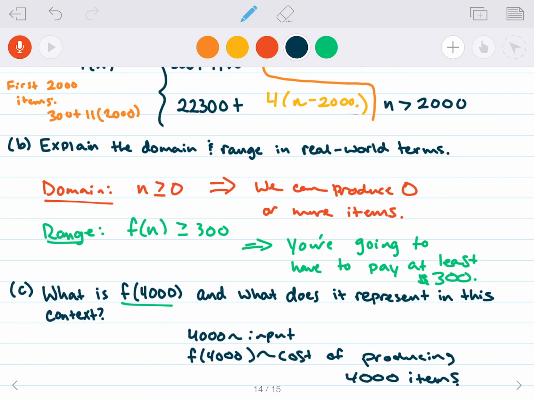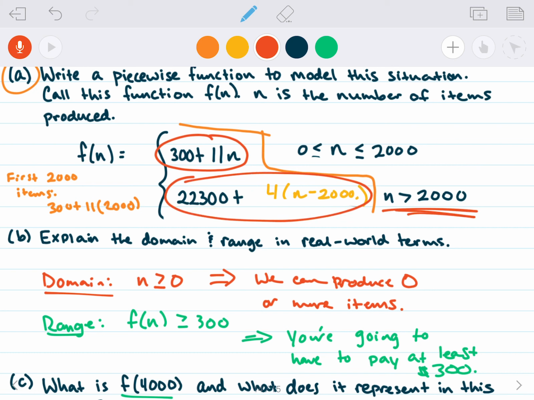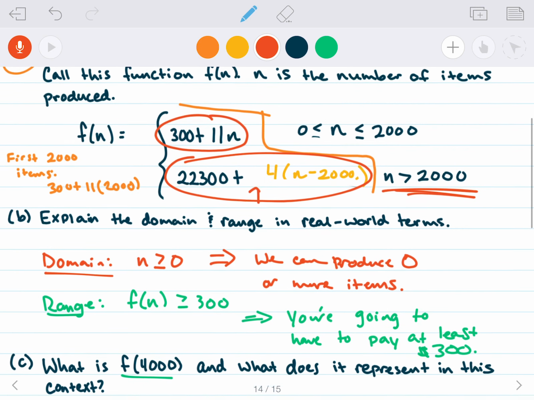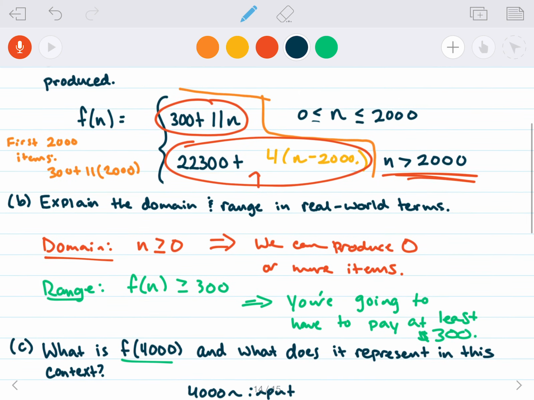Okay. Now, which rule are we going to use for this? Are we going to use this rule right here, or are we going to use this rule right here for 4,000 items? Well, we're going to use this guy because it says that, when our items exceed 2,000, we want to use this rule right here. All right. So we can figure this out. Let's do f of 4,000. We're going to use our second rule, so we're just plugging in 4,000 in for n.